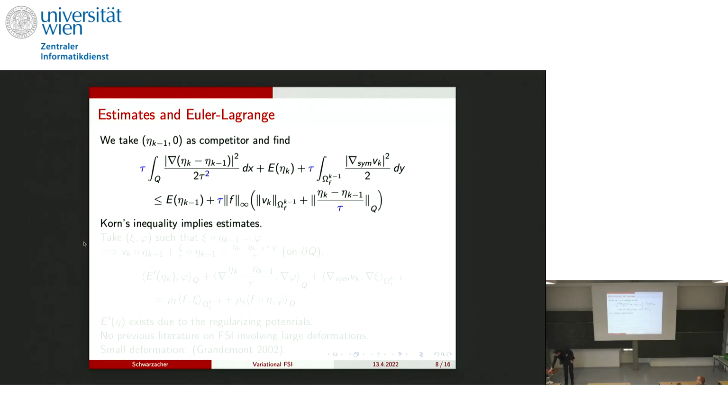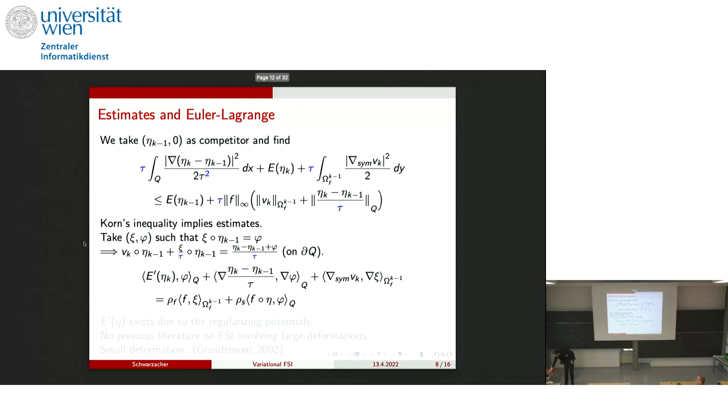You need maybe to use some Korn inequality for the symmetric gradient. But what is more important here is that if you take the variation in your Eulerian direction psi, then this relates to a phi in the following way. Because of this difference quotient, this has to be a competitor, so it has to be in the class of the minimization, right?